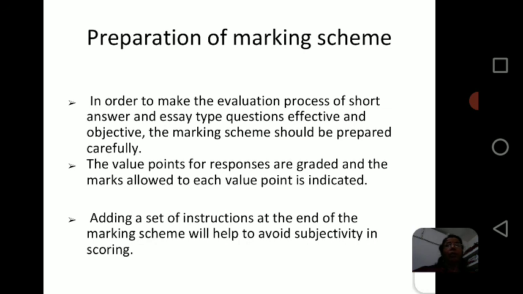Like that, you take the questions one by one, prepare the value points and distribute the question-wise marks among these value points. This is called the scheme of evaluation or the marking scheme.